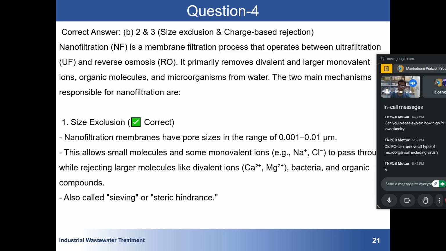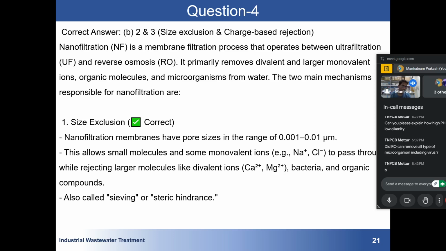The two main mechanisms responsible for nanofiltration are, first, size exclusion. The nanofiltration membrane has a specific pore size range. This allows small molecules and monovalent ions to pass through while rejecting larger molecules like calcium, magnesium, bacteria, and organics. This is also called sieving or steric hindrance.